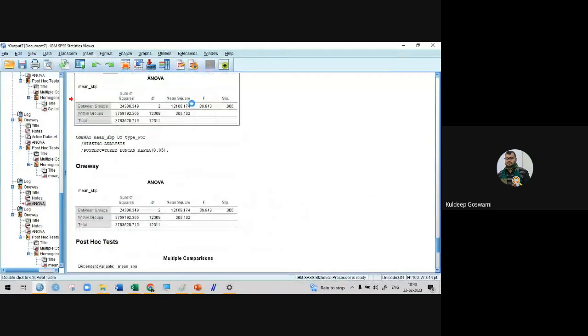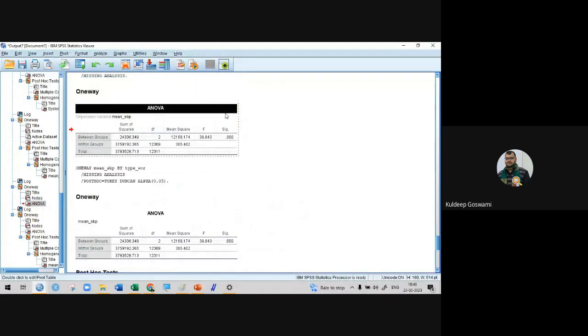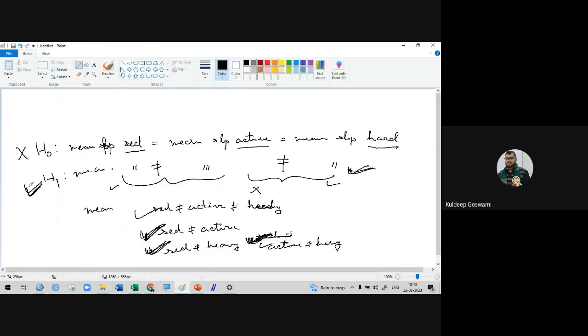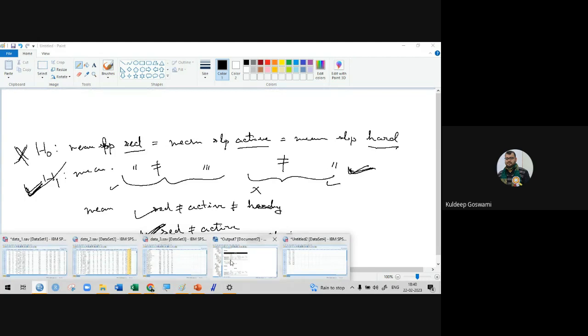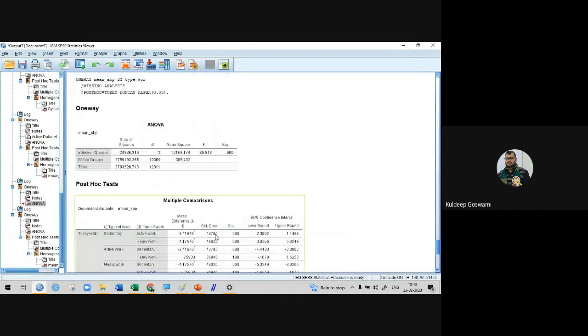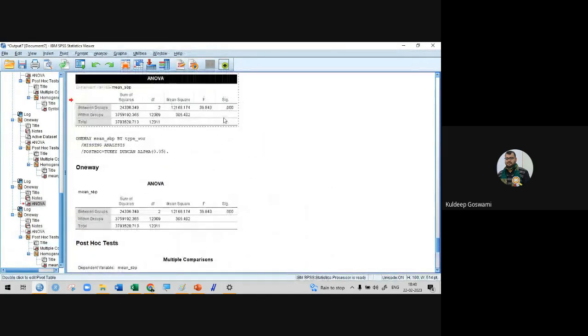Now, in the first table, you are getting that it is significant, which means this is false, this is true. But the second one shows that the null hypothesis is rejected and the alternative hypothesis is accepted.